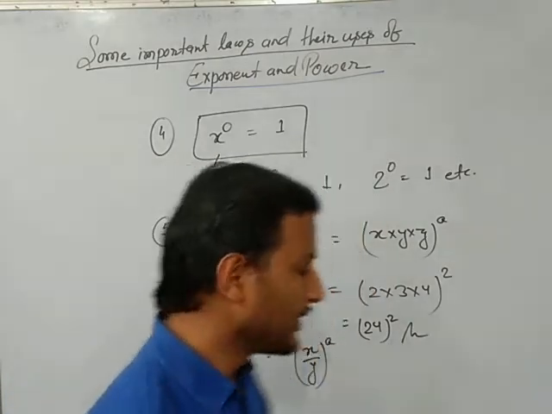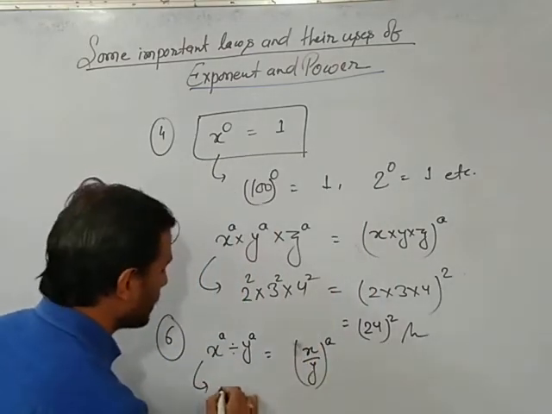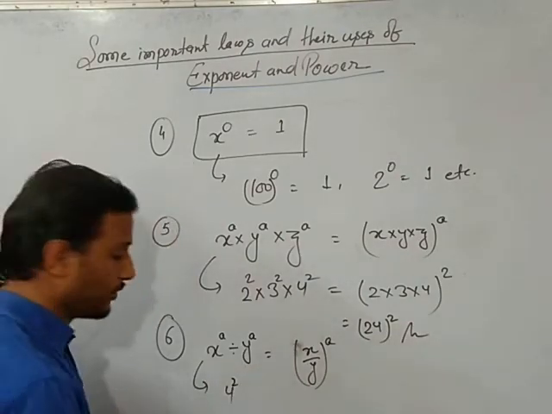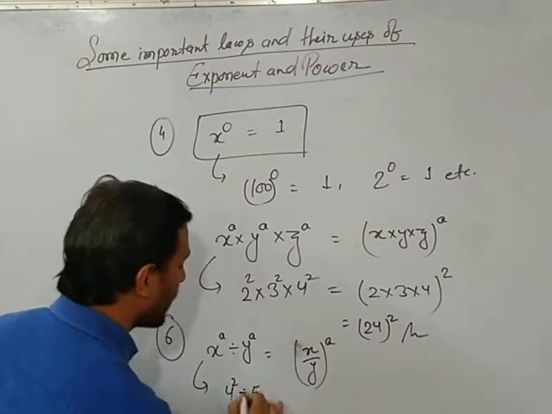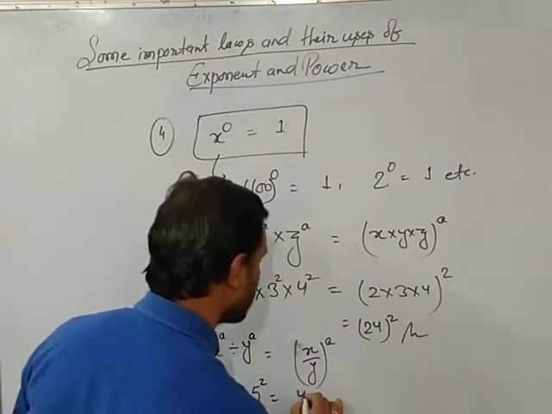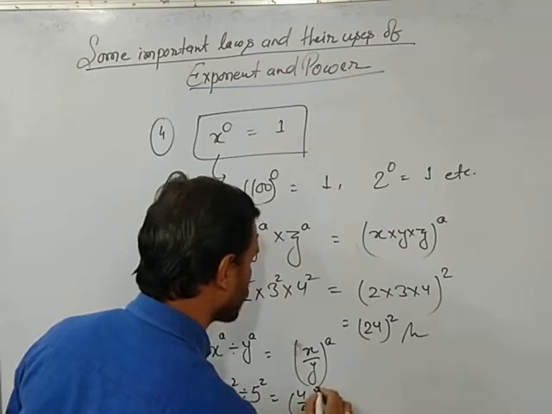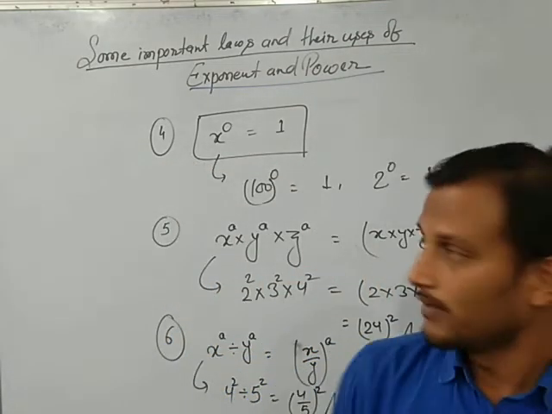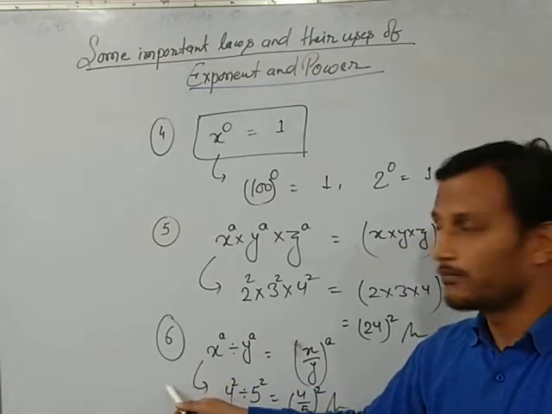And the example is, if x is equal to 4, a is equal to 2, y is equal to 5, a is equal to again 2, then the answer is 4 by 5 whole square. This is the answer. Okay, champions? And this is rule number 6.